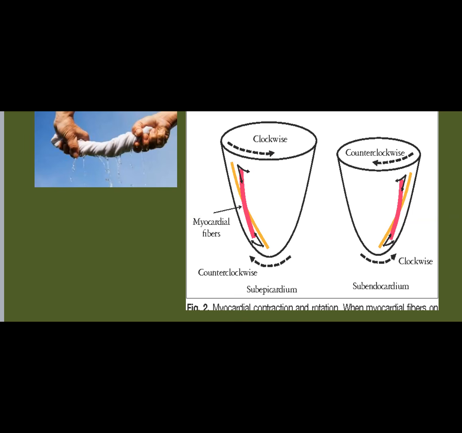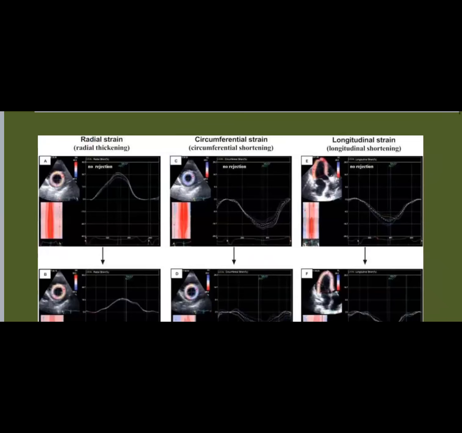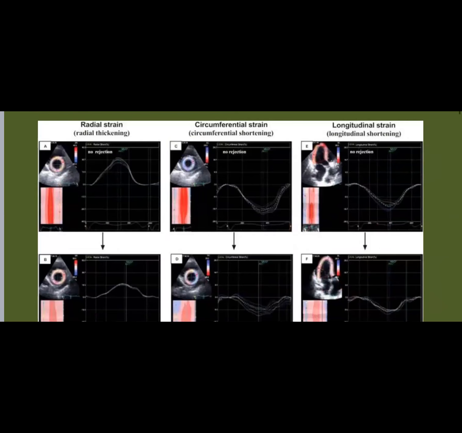What about the rest? We have radial strain, circumferential strain, and longitudinal strain. The radial strain is the thickening in the short axis. What's the meaning of thickening? It's lengthening, meaning a positive value. So you see how the curve goes up because it's lengthening.